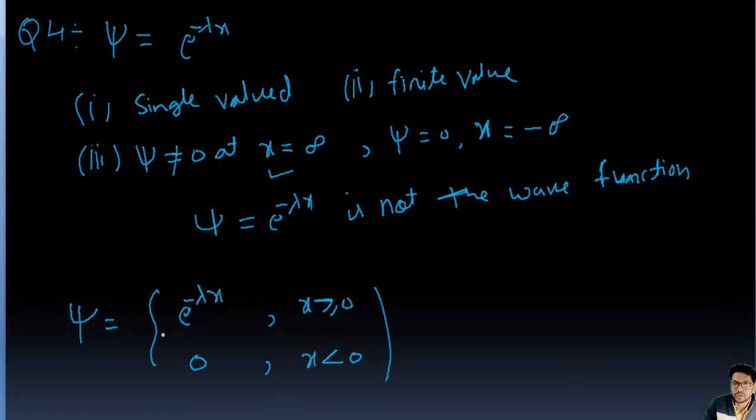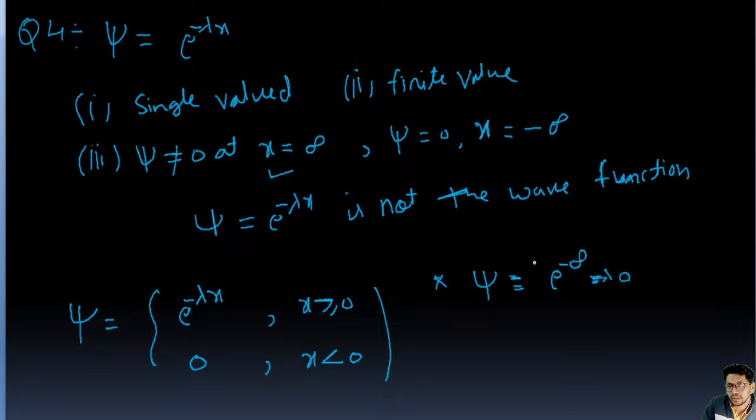How? Now we can see, if x is less than or equal to 0, it is going to give value 0. For x equal to infinity, the value of psi is going to be e to the power minus infinity, and that is equal to 0.